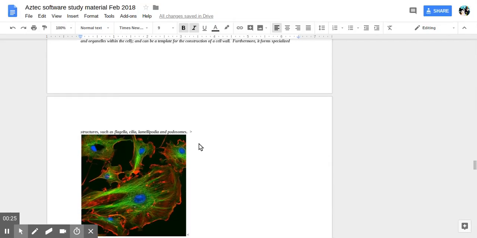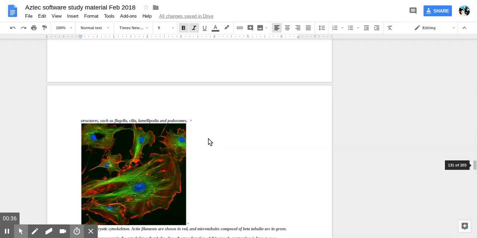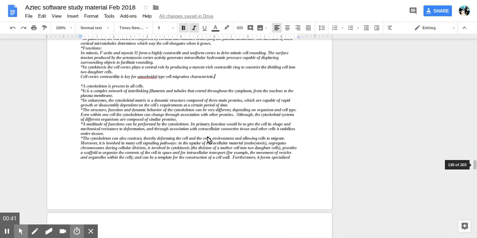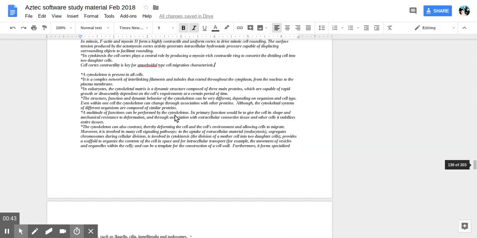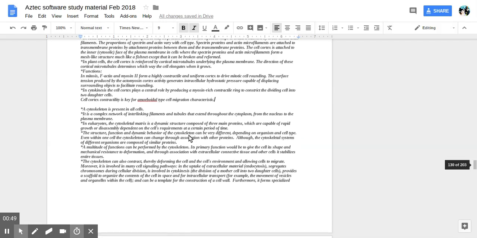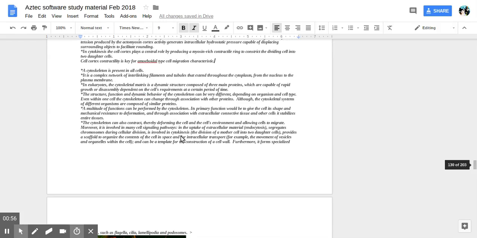Currently, we're studying the cytoskeleton, which controls the shape of the cell throughout the cell cycle, and the interaction between the cytoskeleton and the different parts of the cell, the cell membrane, and the proteins embedded in the cell membrane, all that stuff.